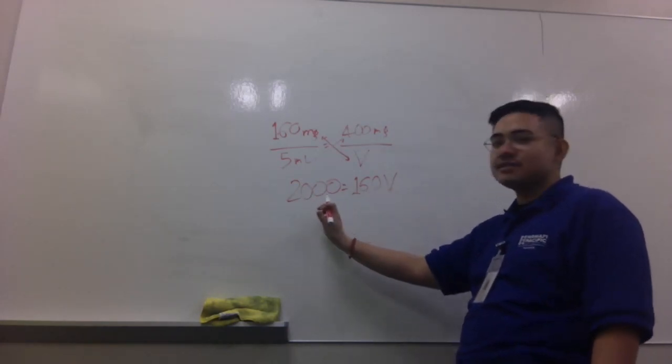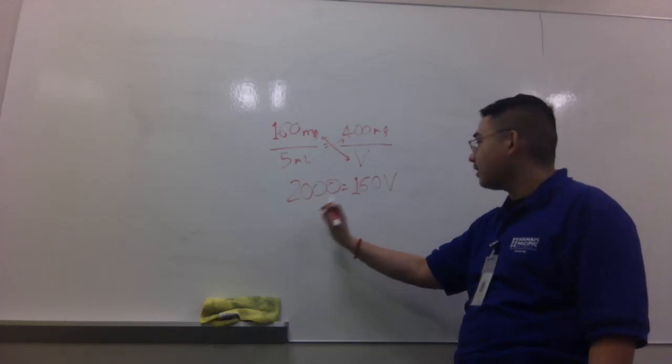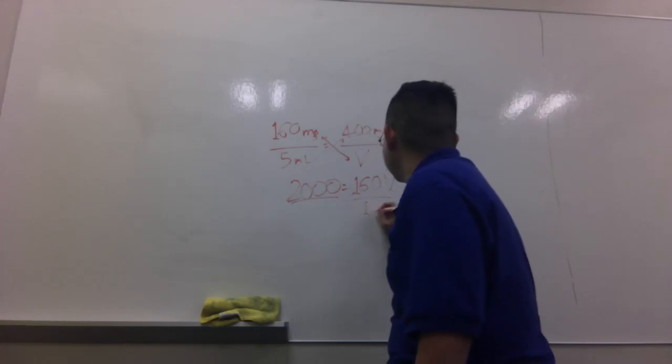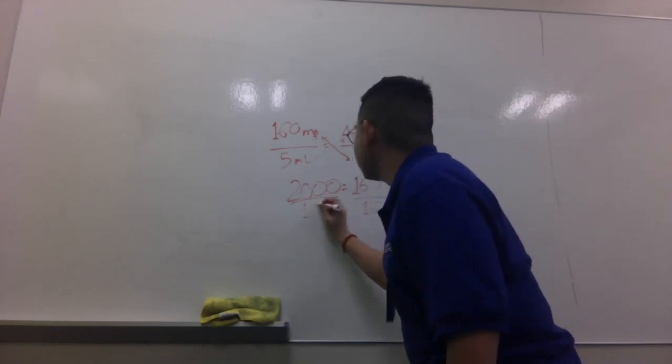Do not divide by this number because it doesn't have the variable. This number has it, so you divide by 160 in this case.